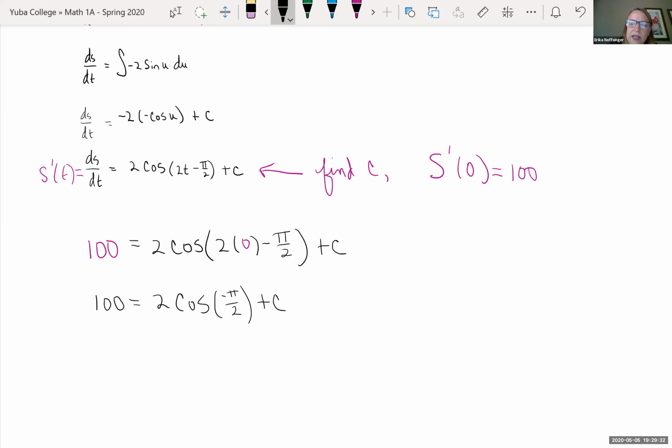Thinking of your unit circle, negative pi halves gets me here. Cosine on the negative y-axis is 0. And so I get 100 is equal to 2 times 0 plus c. So c is equal to 100.